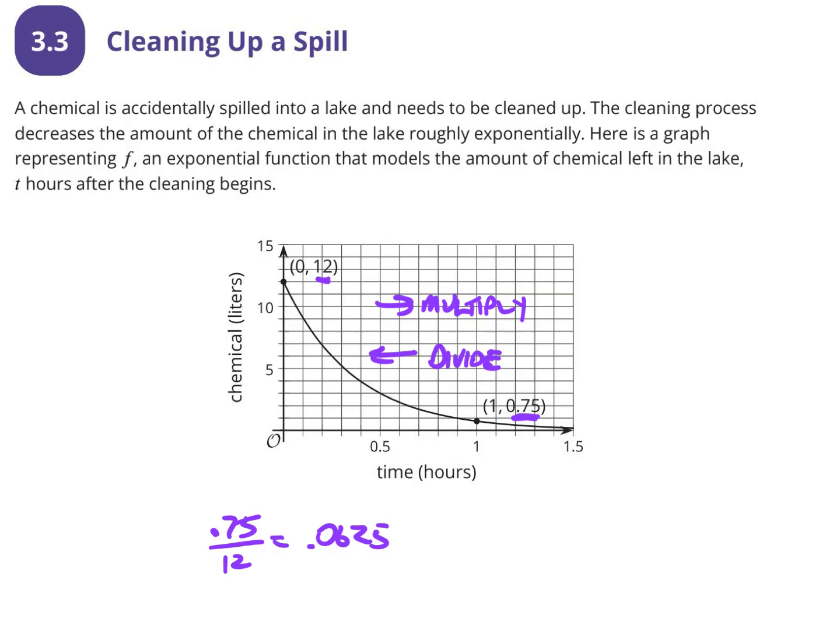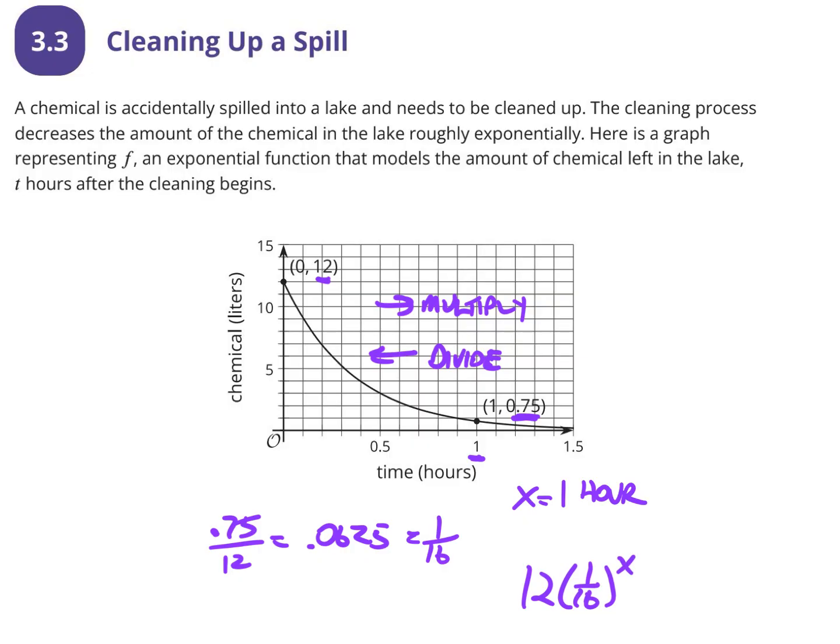Hit math, enter, and this will give you 1/16. This is the easier number to deal with. Now that we know the B, and our time is x equals 1 hour, which is important to write down, we get 12 times 1/16. So the value is 1/16 of the original amount after 1 hour.